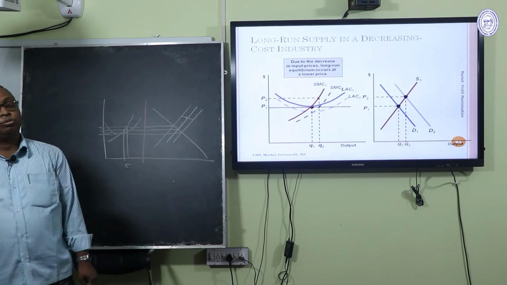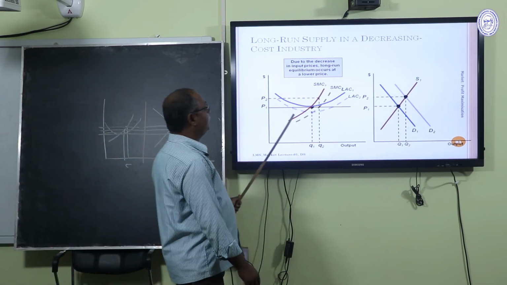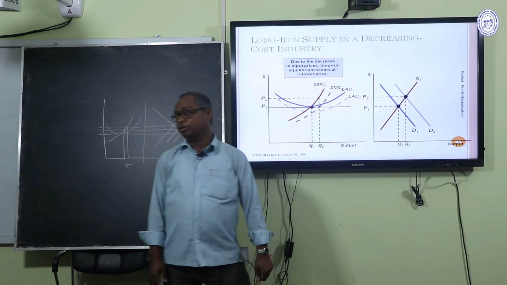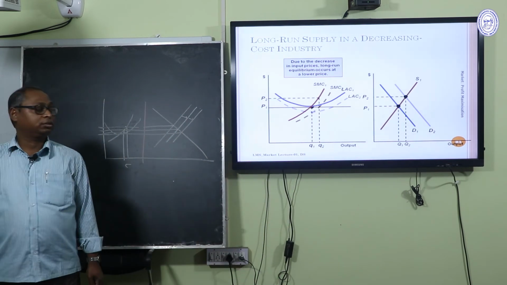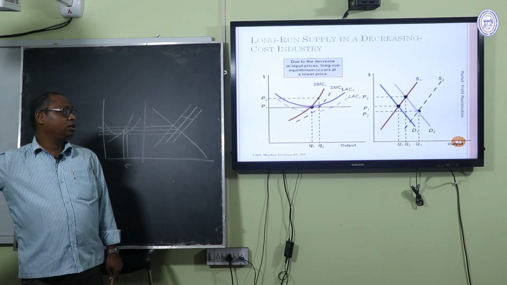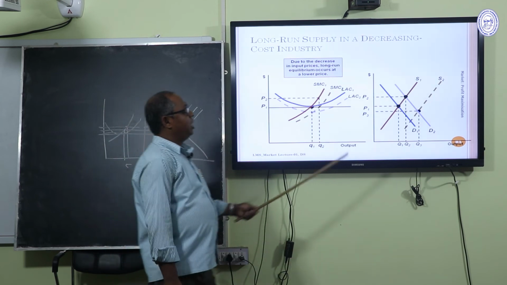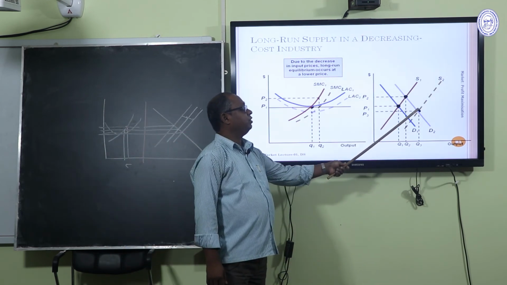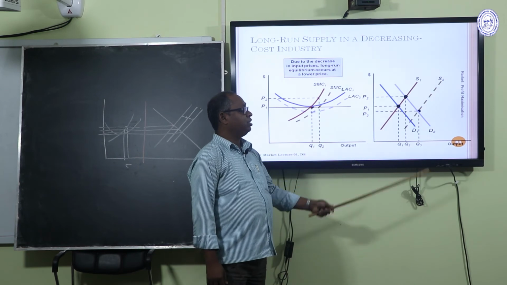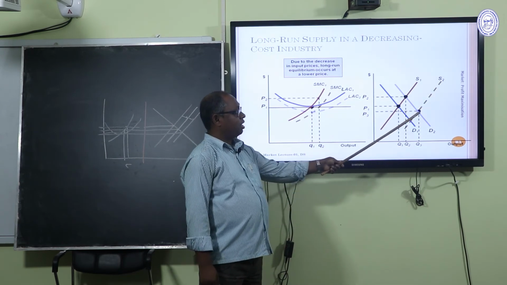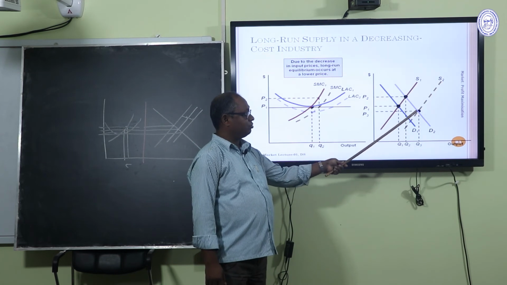How many farms will enter the industry depends on how much cost is falling and how much demand is increasing. So for both reasons, the falling cost and the increasing demand, a huge number of farms enter the industry. This is a temporary equilibrium, and ultimately the equilibrium will be at S2 and D2. The initial equilibrium is S1 D1, and the second equilibrium is D2 S2.